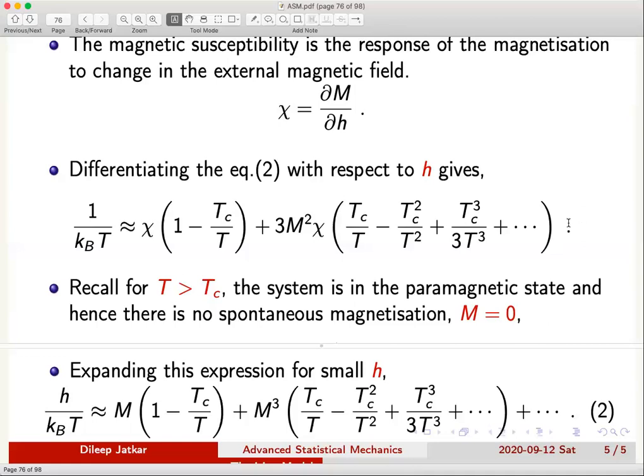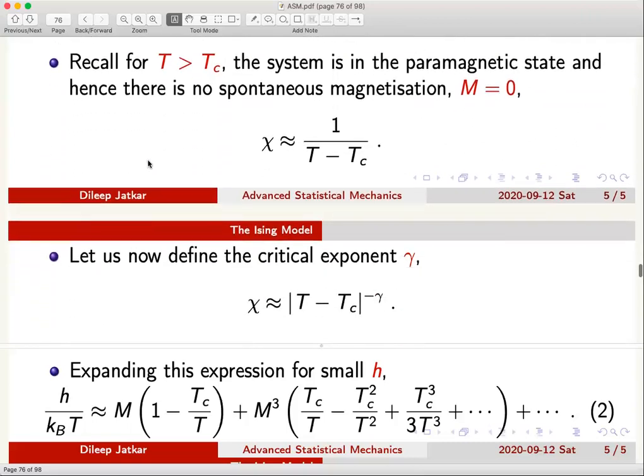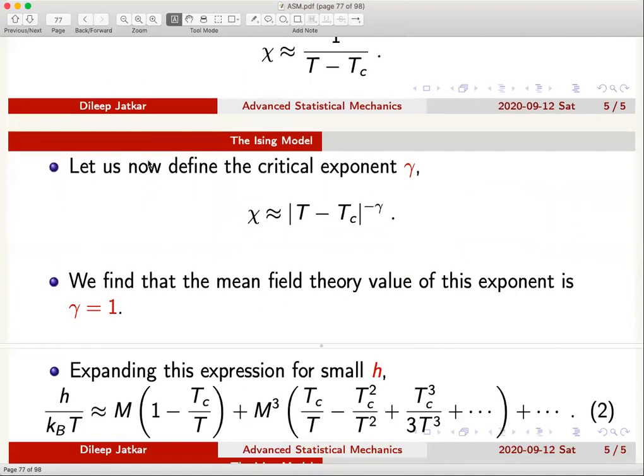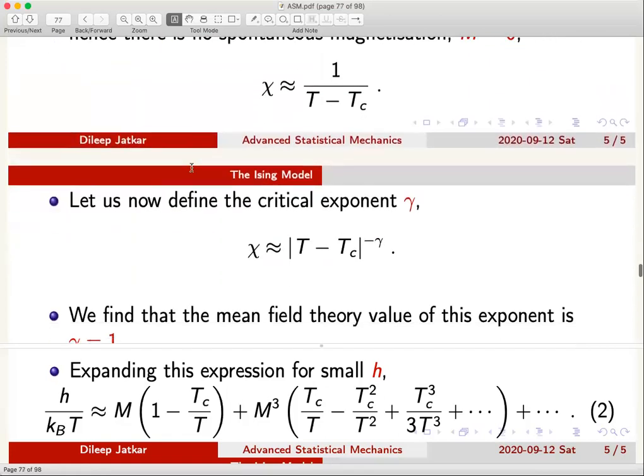Fine. So here you basically set m equal to 0 if you are working when the system is above Tc, with the temperature above Tc, and in that case this expression will tell you chi goes as 1 over T minus Tc. On the other hand, if you are working at temperature below Tc, then you could substitute how m behaves as a function of T and rewrite this expression.